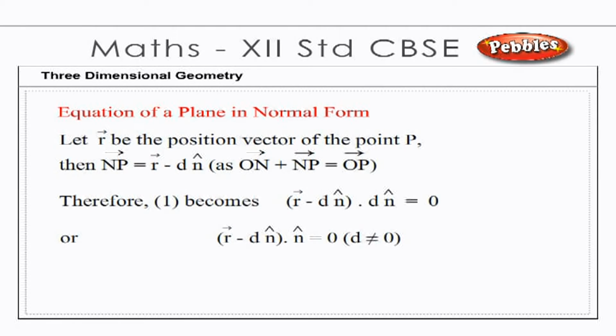Equation 1. Let r vector be the position vector of the point P, then NP vector = r vector − d n cap, as ON vector + NP vector = OP vector.